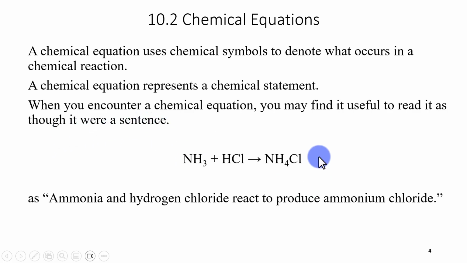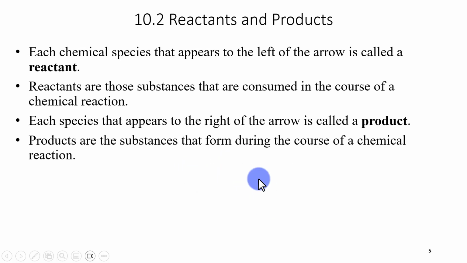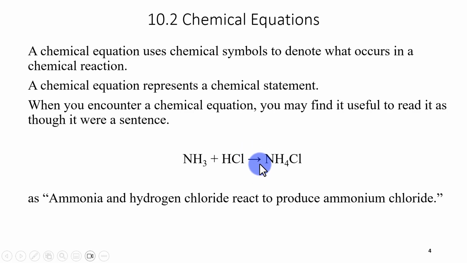So if I have this reaction over here, I would read this as ammonia, which is this compound, and hydrogen chloride, which is this compound, react together to produce. This arrow tells me that it produces ammonium chloride, which is this compound here. So I move from left to right.